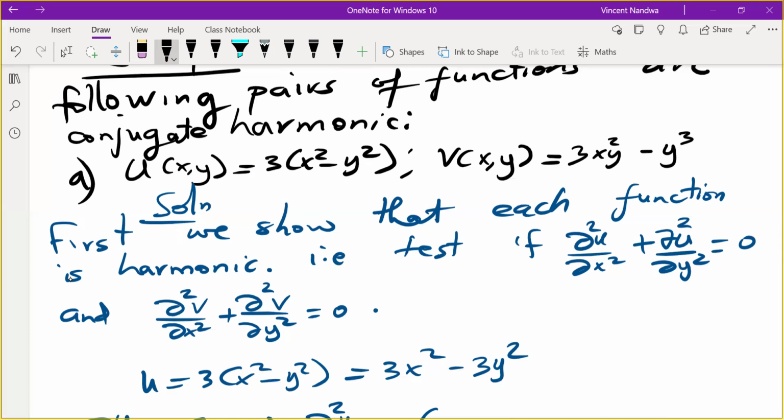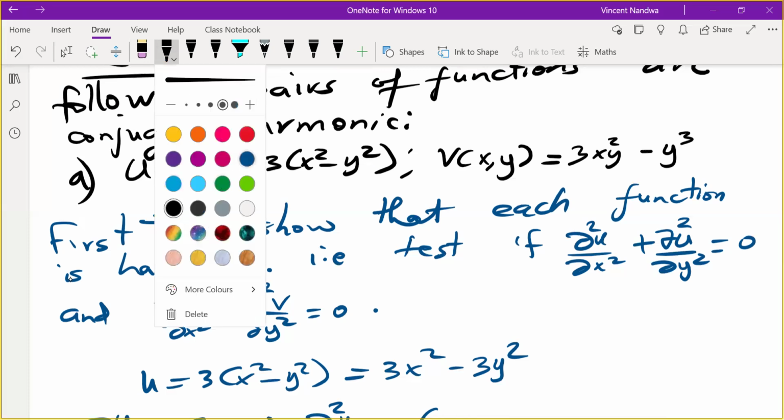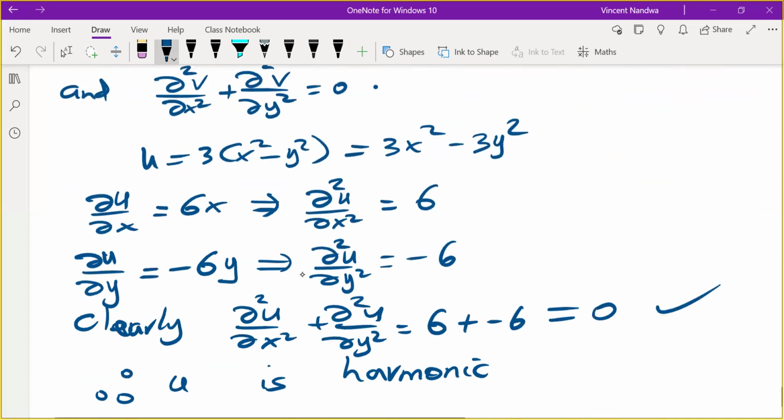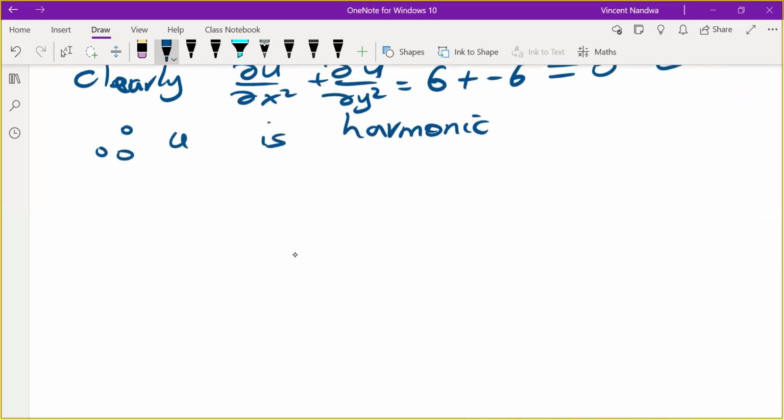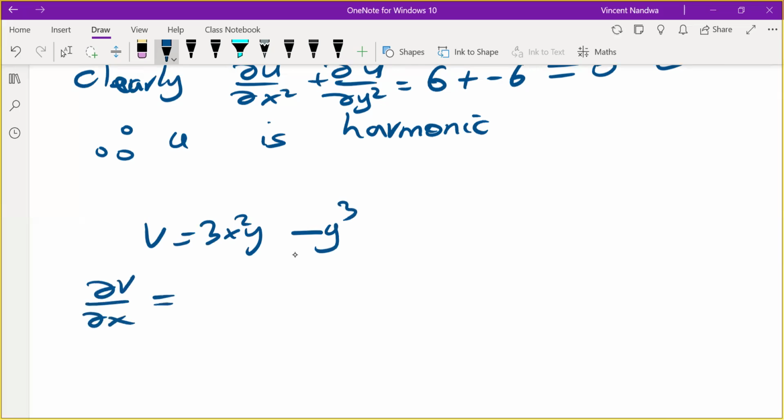Is v harmonic? Yes. Should be. So because v is given by 3x squared y minus y cubed, so partial v partial x is given by partial v partial x.